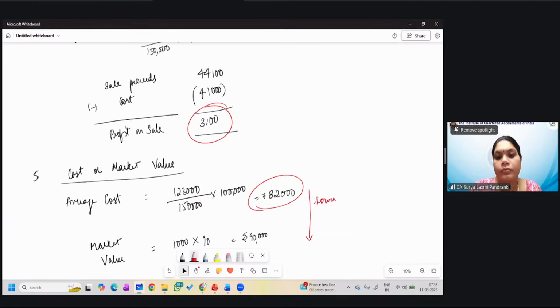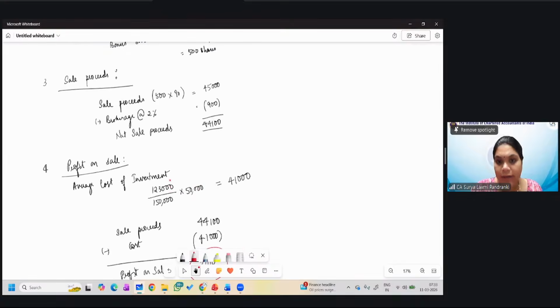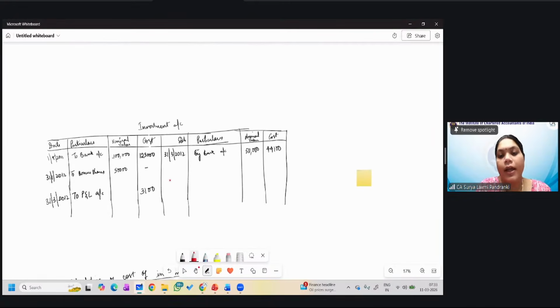Thank you. So the lower of the value is 82,000. So I'm going to carry my investments at 82,000. That is very clear, correct? So here I will have to show it at 82,000, and I have 1 lakh as my nominal value. This will be on 31st March 2012.